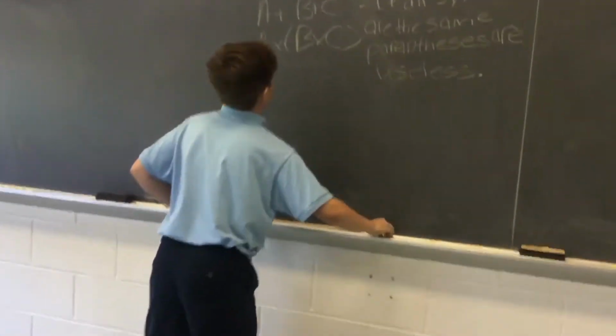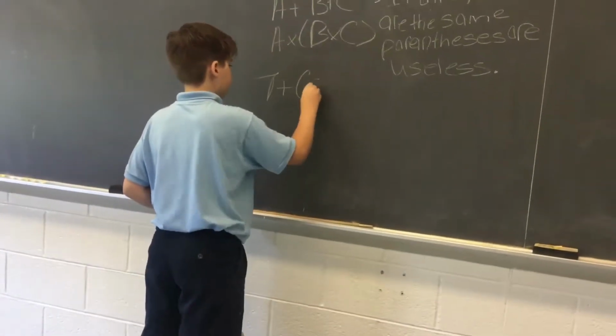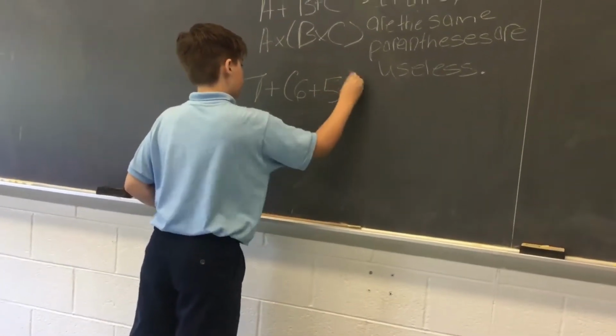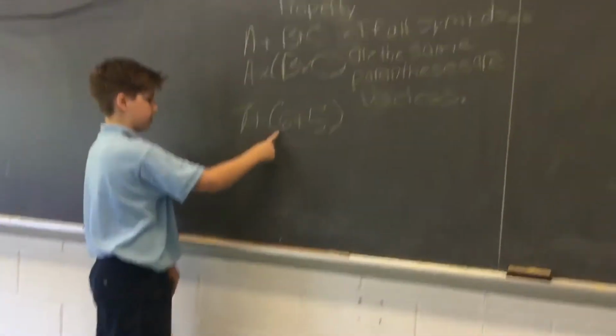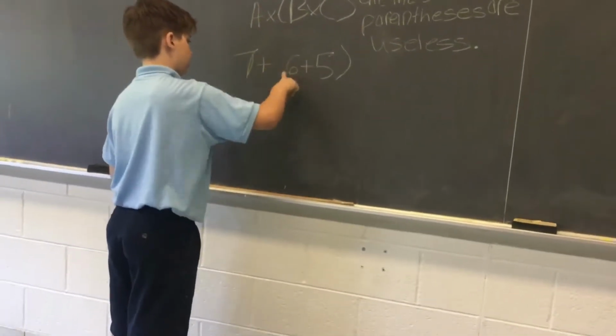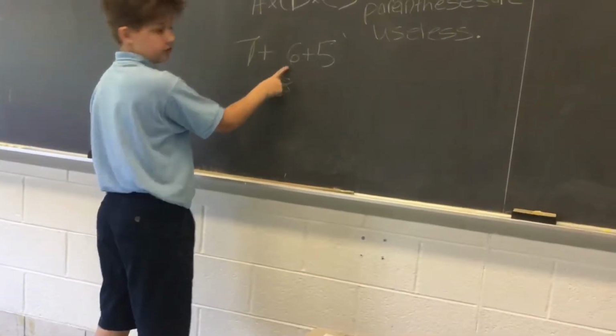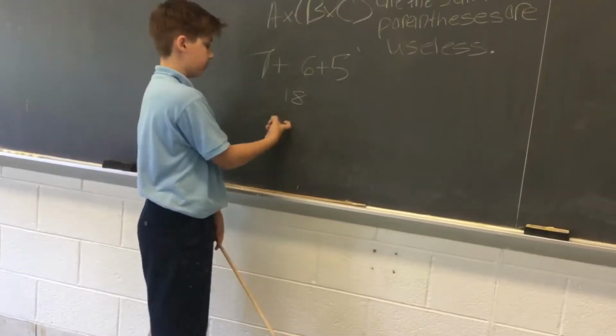So let's say it's 7 plus 6 plus 5. If you do this first and get 11 plus 7, you have 18. But if you go 7 plus 6 is 13 plus 5 is also 18.